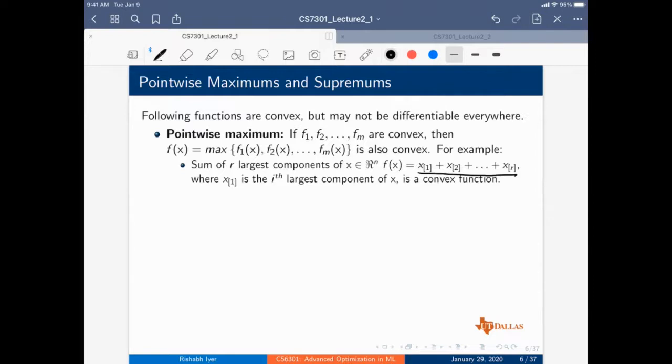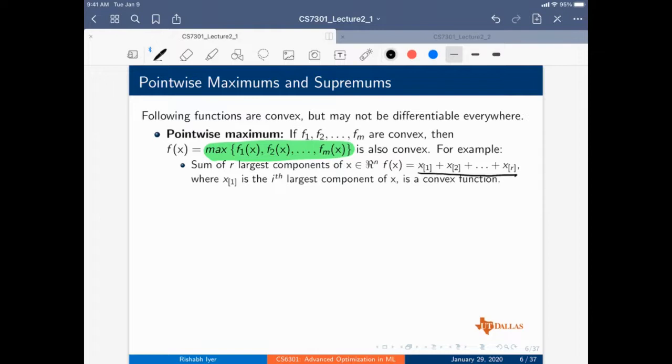How can we use the fact that we have a max of a finite number of functions to show that the sum of the r largest components of x is convex? Anyone? Any ideas? So think of the following. Maybe instead of writing this down, I'll give the intuition first.